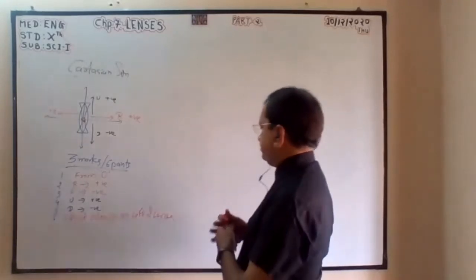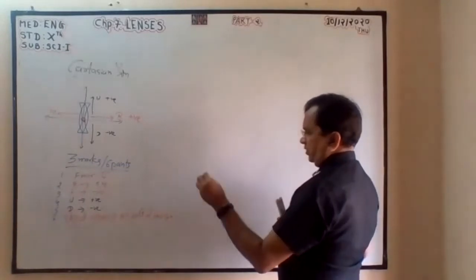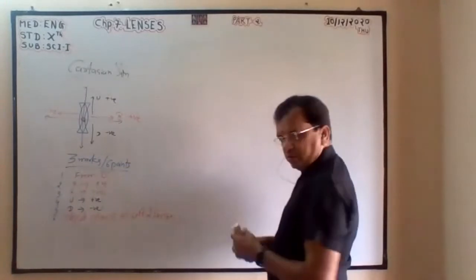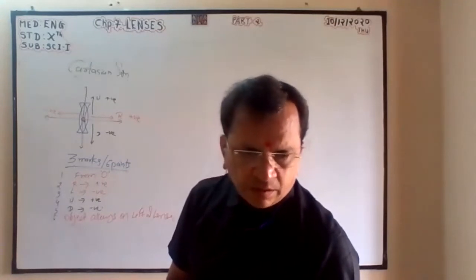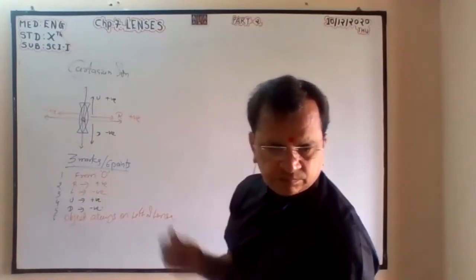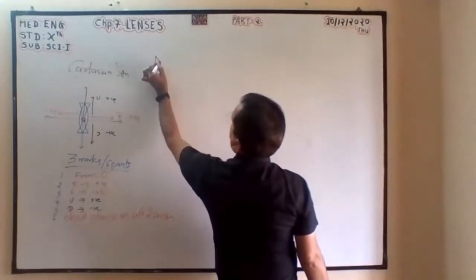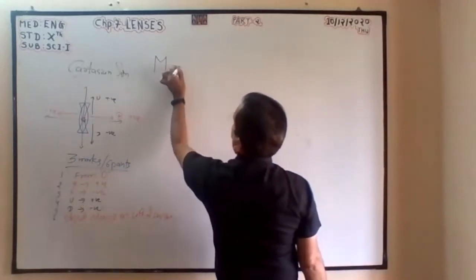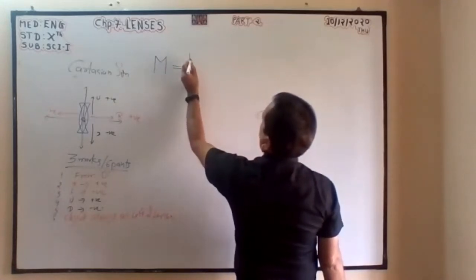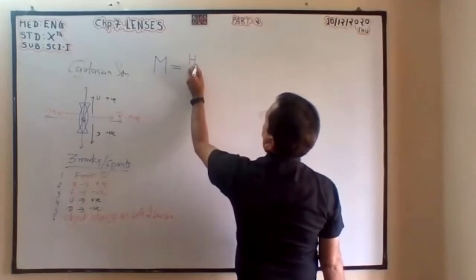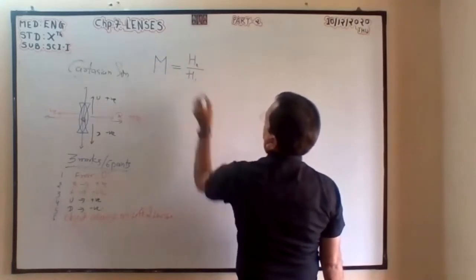Now, magnification. Magnification is denoted by M, is equal to height of image divided by height of object.